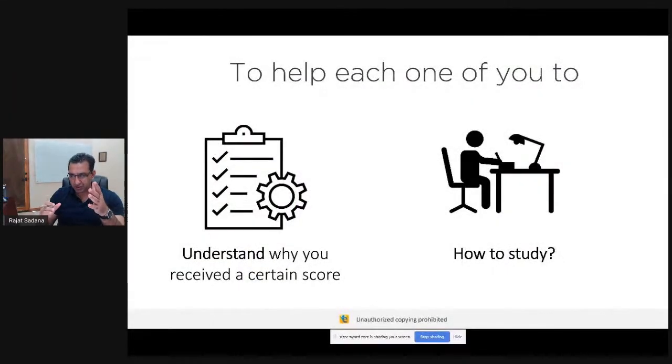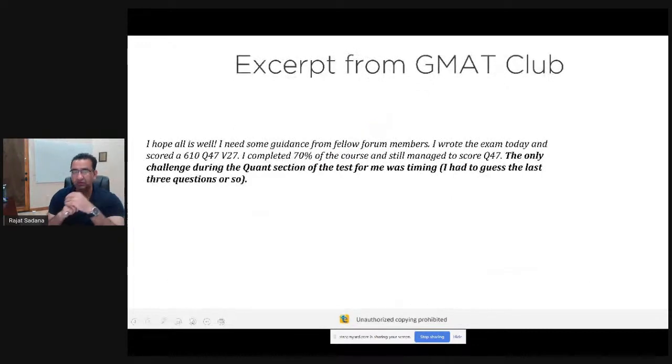A major chunk of my presentation would be focused on this part, which is to help you understand why you received a certain GMAT score, because there are lots of misconceptions when it comes to how you analyze an ESR. And I'm going to talk about some of those misconceptions and dispel those. Why? Because bad inferences lead to bad planning. Bad planning leads to you not getting to your target GMAT score.